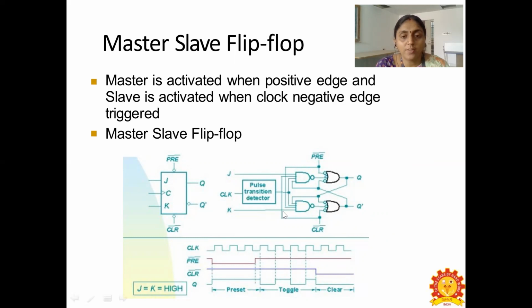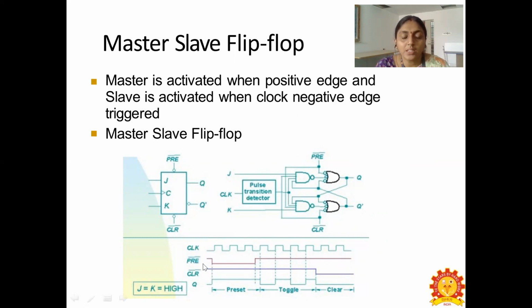Here the JK flip-flop is given, where the master slave concept can be implemented. So we can see the clock pulse when there is a transition from low to high. In that case, master is activated.